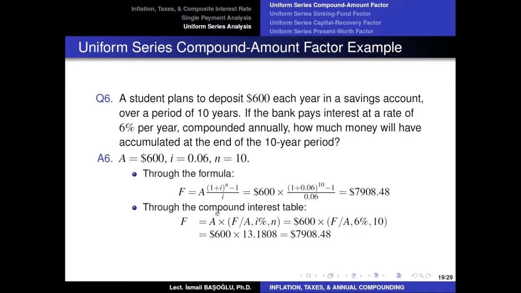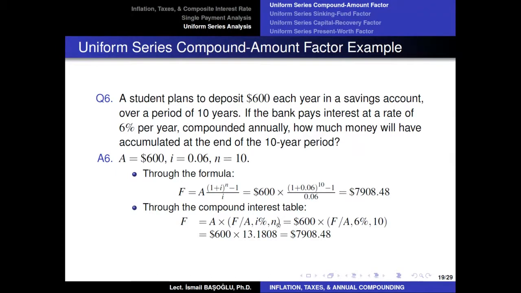Through the compound interest table, we will say that F, the future value, is equal to the annual installment size times the uniform series compound amount factor, which converts the uniform series to the future value. And that notation is F over A under i% interest rate for n years.